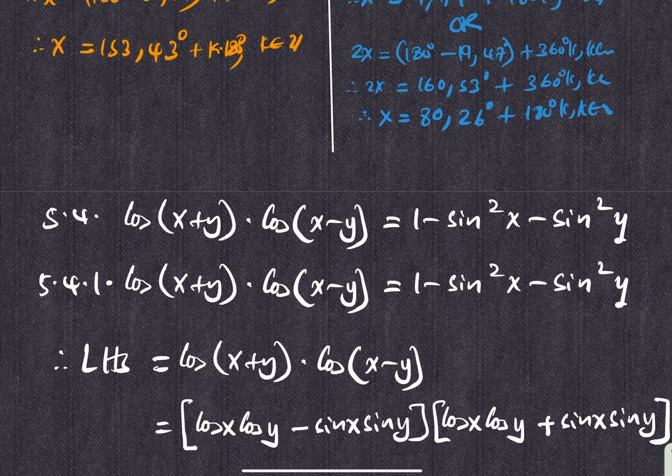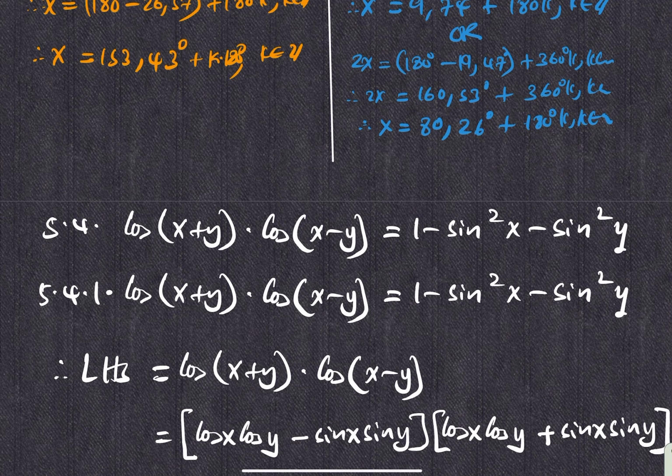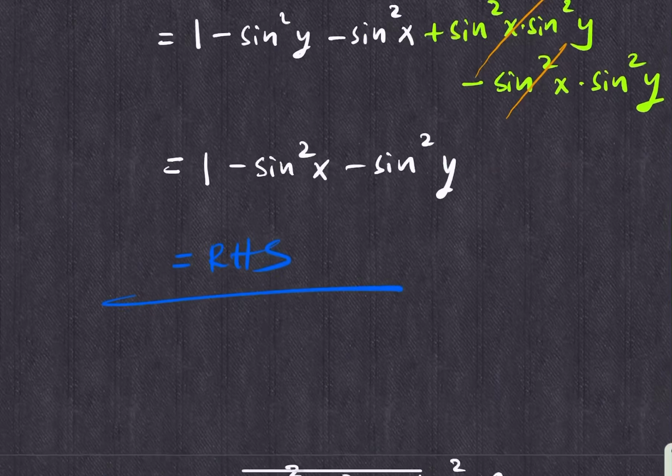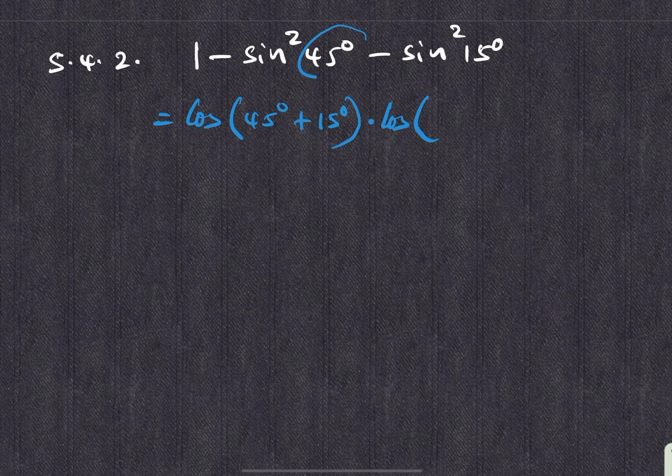Check that in this order. Your x in this case is 45, so that is 45 degrees minus 15 degrees.